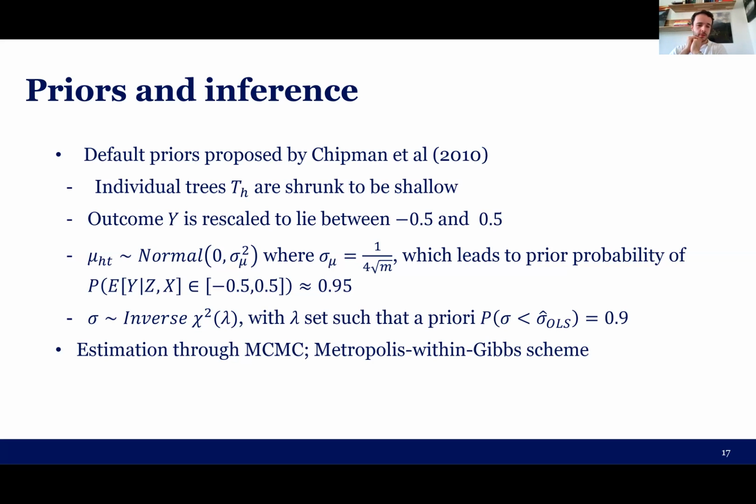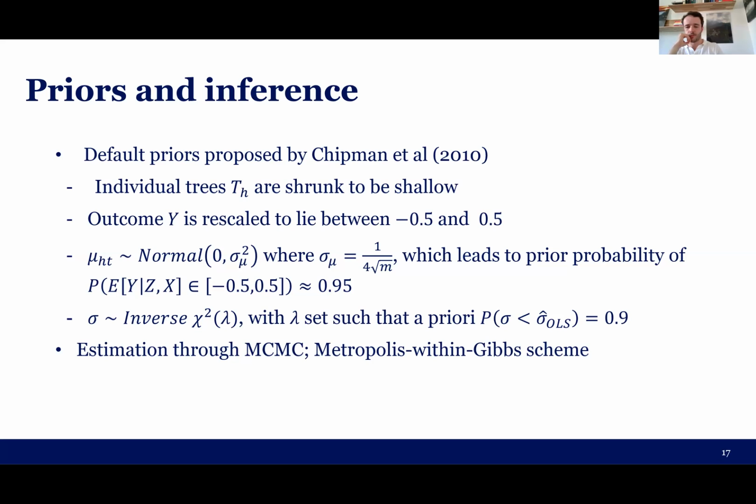And then the standard deviation of the error term is assigned a prior which is a kind of data-dependent prior. It assumes that the residual variance after fitting the model should be smaller than the variance you get when fitting a regular linear model.